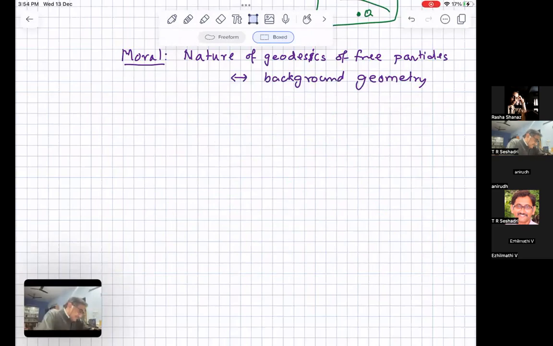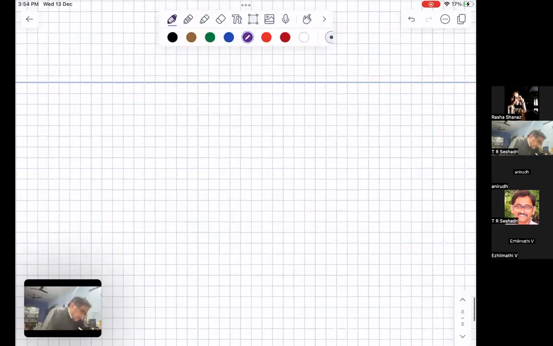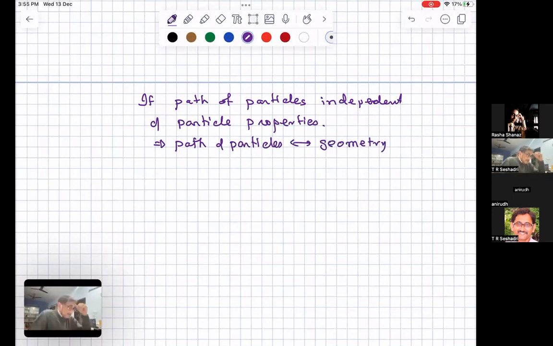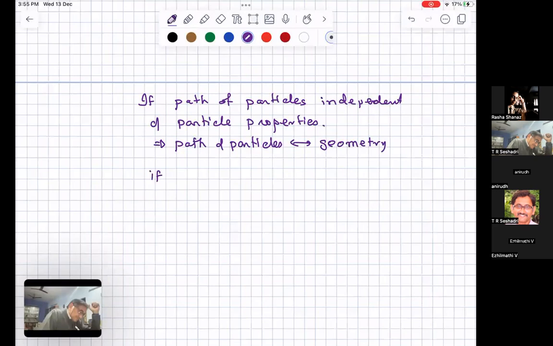Now, if the path of particles is independent of particle properties, then the path of particles is related to the background geometry. Why is this so? I'll just come to it.